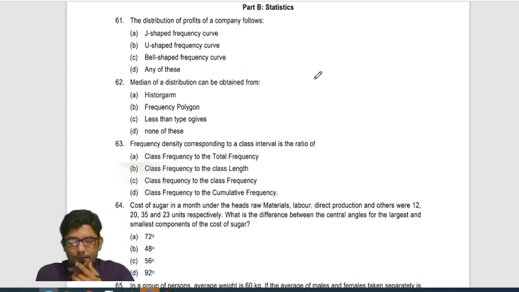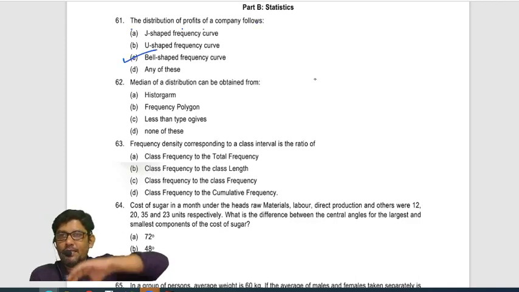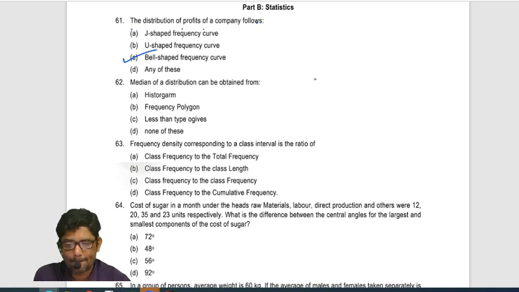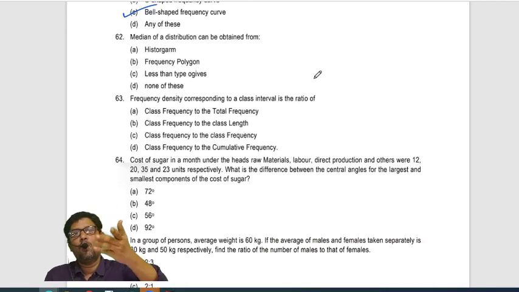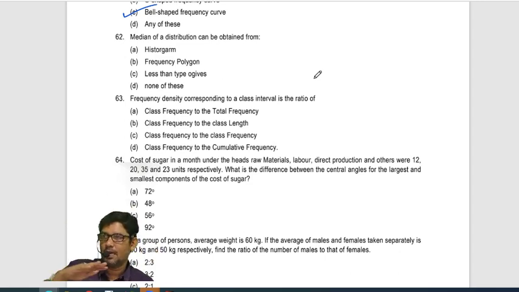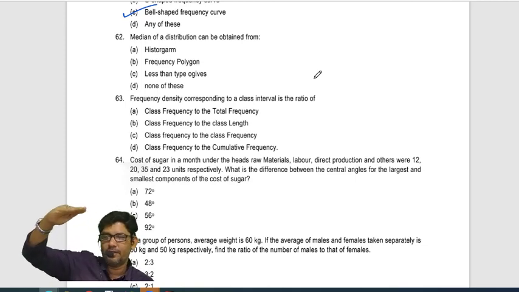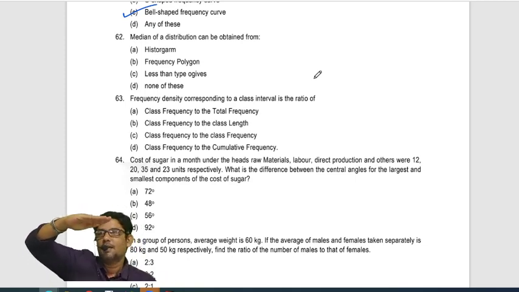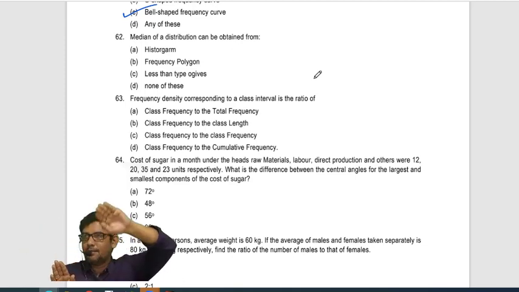Okay, now listen here. The distribution of profits of a company always follows a bell shape. It always keeps on increasing and decreasing. For example, let me give an example. Sir, how is it bell-shaped? I started ICAI Professional Academy now. So profit, there is no profit only, of course. Coming batch we are expecting, so I may reach peak in the November attempt.